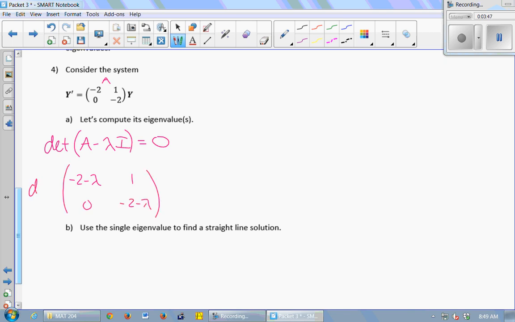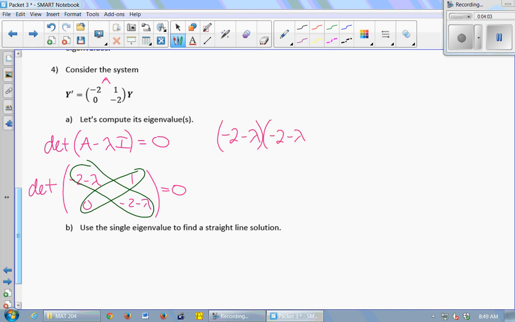I'm going to take the determinant of that and set it equal to 0, by multiplying the diagonal entries. So I have negative 2 minus lambda times negative 2 minus lambda minus 0 equals 0. It turns out that lambda is going to be negative 2. And that's the only eigenvalue.